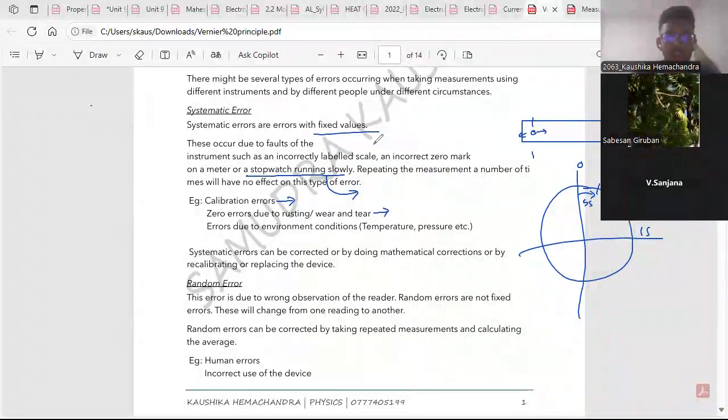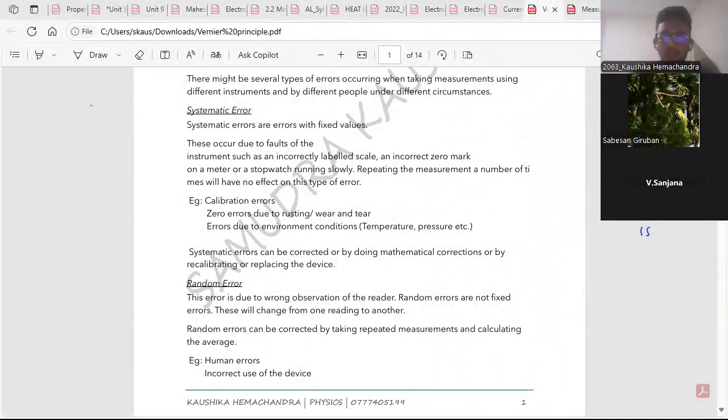Or if it is due to some other fault with the instrument which you cannot correct, you have to replace the instrument, right? So those are the only possible ways that we can prevent the systematic error. So you have to know that it is due to the fault of the instrument, not due to our fault. Okay, fault of the instrument.